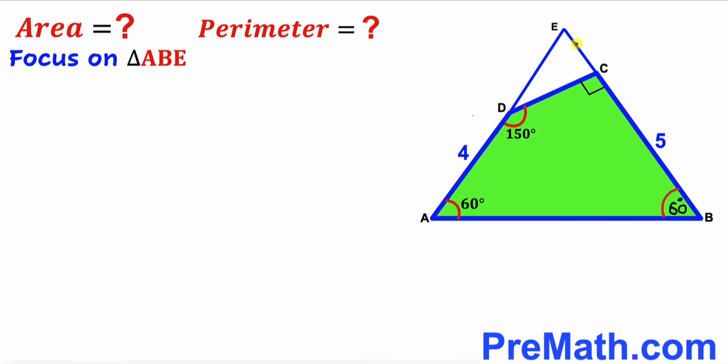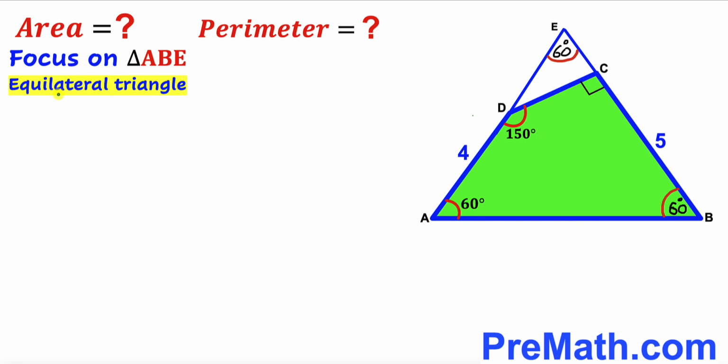Now let's focus once again on this big triangle ABE. We know this angle is 60 degrees, this angle is 60 degrees. So this angle has got to be 60 degrees as well, since the sum of all three interior angles adds up to 180 degrees.